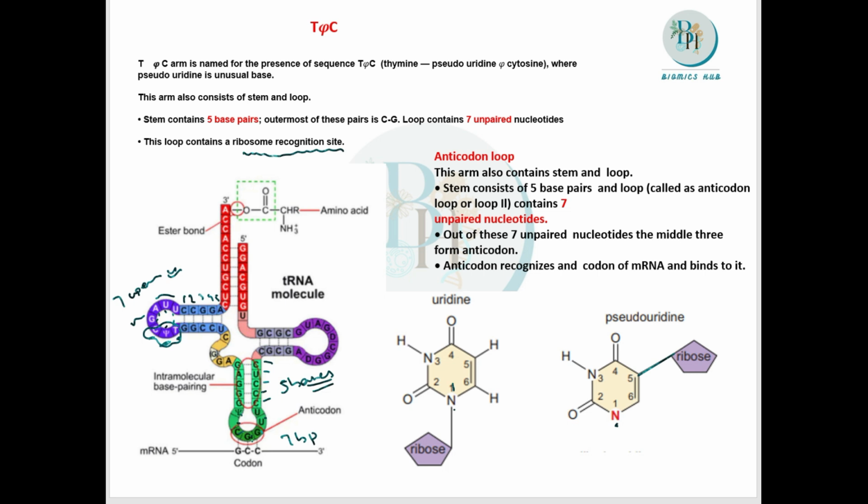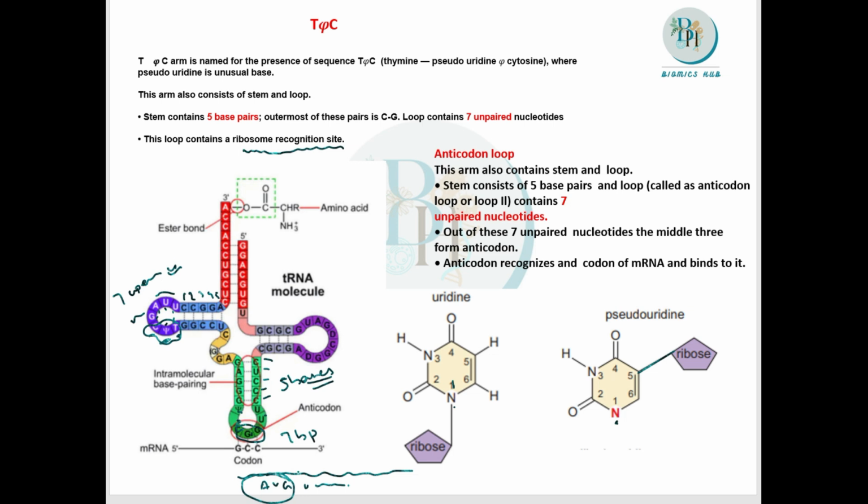This anticodon loop has three bases which are complementary to the mRNA. If mRNA is present, each triplet of the mRNA codes for an amino acid. AUG is the start codon. The tRNA comes and binds at this AUG region.